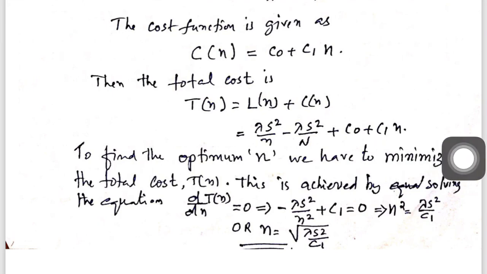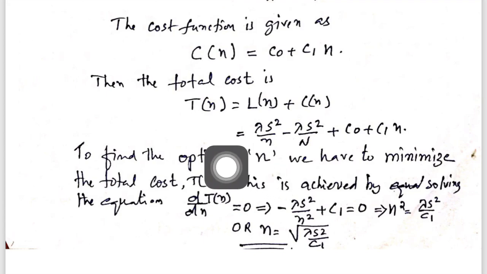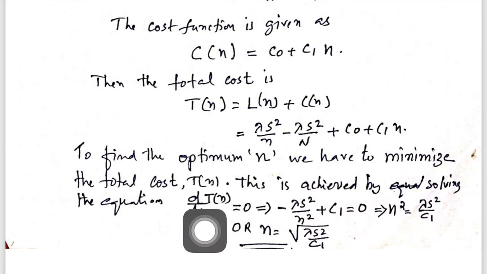Then what is our objective now? Our objective is to minimize the total cost T of n. And as T of n is a function of small n, how do you find the minimum of T of n? Yes, you can differentiate T of n with respect to n, and you equate that differential coefficient to 0.